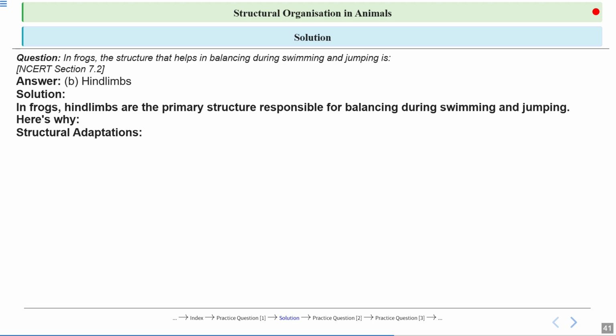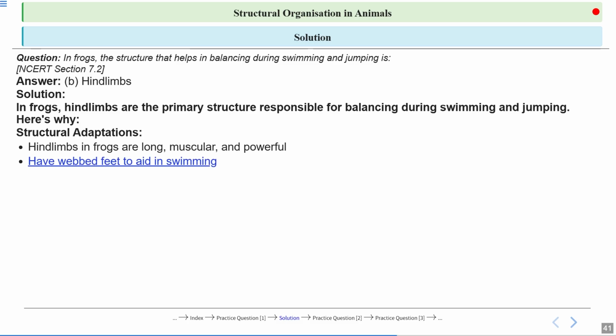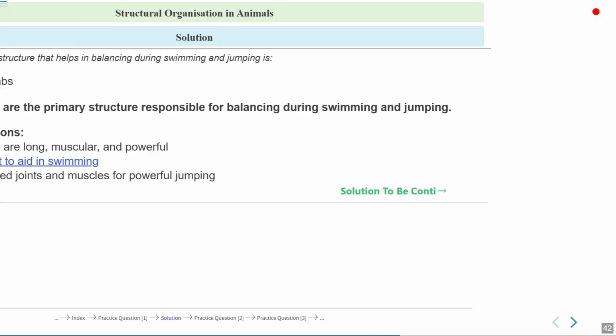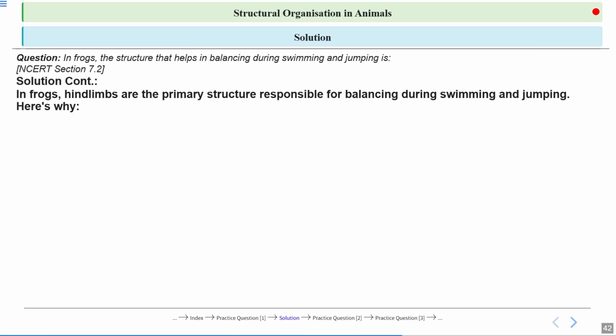Structural adaptations. Hind limb in the frog is long, muscular, and powerful. Have webbed feet that help in swimming purpose. Possesses specialized joint and muscle for powerful jumping. Functions. Provide propulsion during swimming.